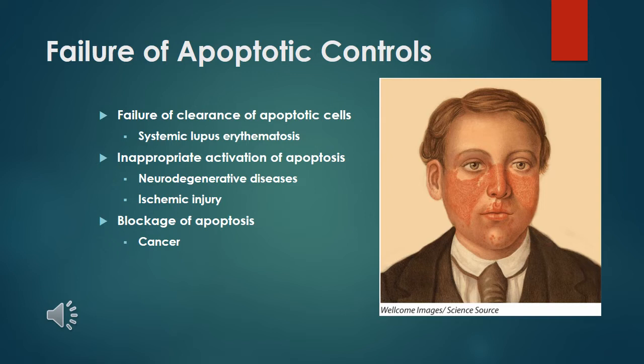In another case, inappropriate activation of apoptosis occurs. In many neurodegenerative diseases and ischemic injury, this inappropriate activation of apoptosis is seen. Blockage of apoptosis occurs in different types of cancers, which leads to the survival of cancer cells.